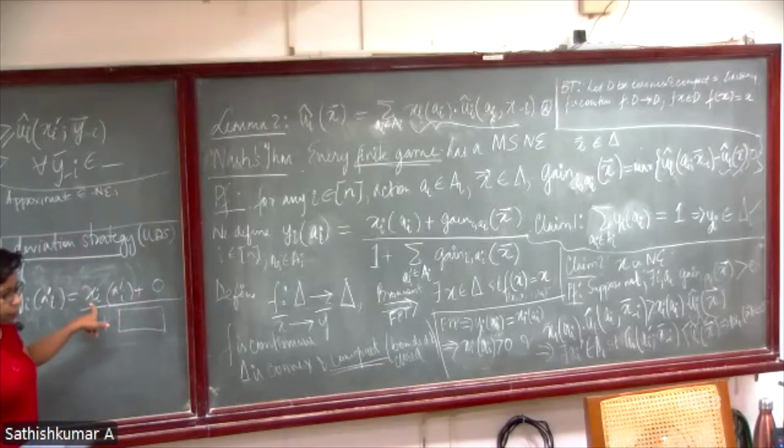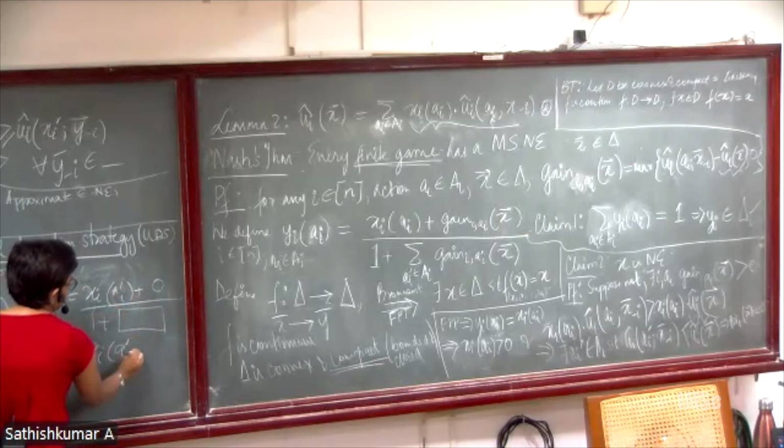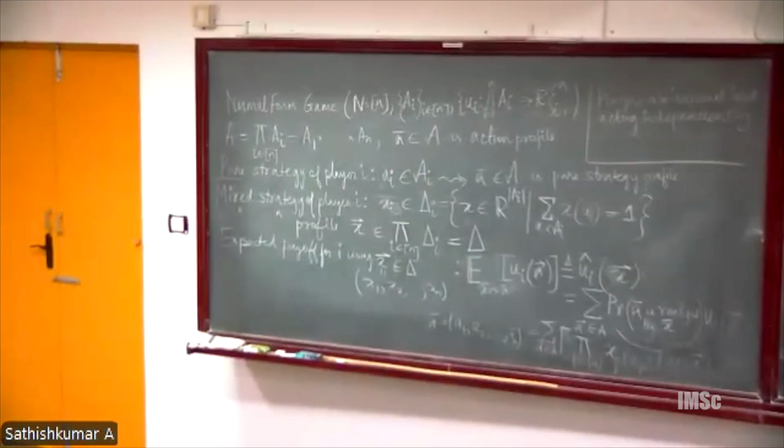So you have a positive support. You have a non-zero quantity here divided by this, right? So can this be equal to x_i(a_i prime)? This is 0, right? This is a non-zero quantity. Yes, but is this going to disappear? This is the gain quantity, right? Over all actions.